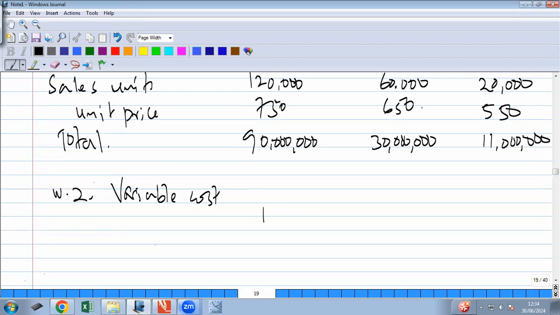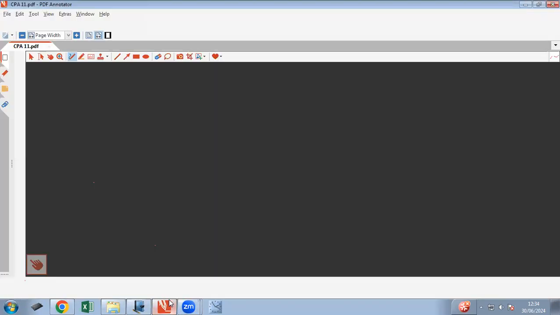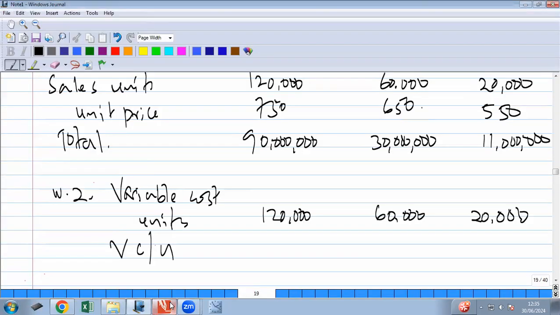So we have 120, we have 60, we have 20, and we want to know the variable cost per unit, right? Variable cost per unit, take from the question, which is 550. Guys, you can read for me. 55, 350, 150.